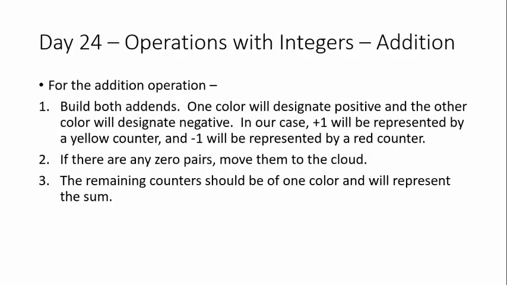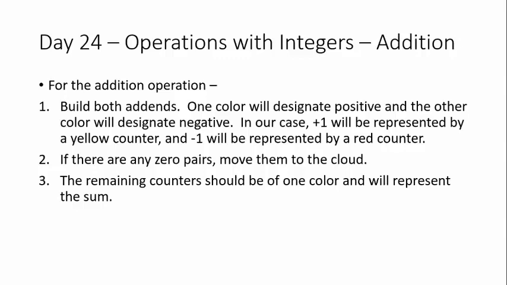We will begin with addition. Remember, when we show addition, we build both add-ins. In our demonstration, +1 will be represented with a yellow counter. -1 will be represented with a red counter. So we will begin by building both add-ins.